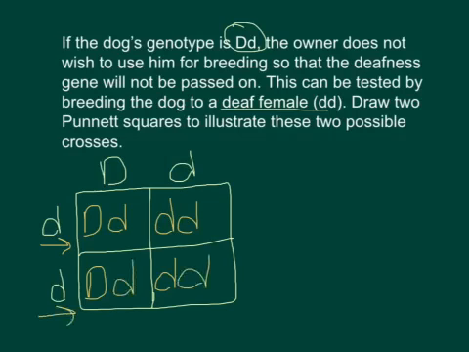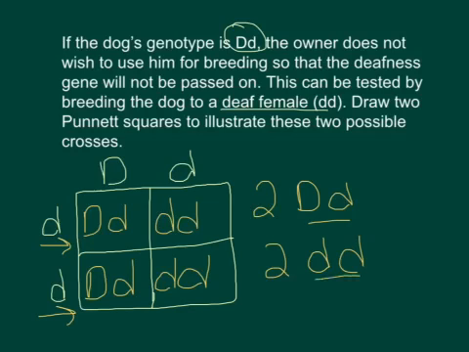So this is a heterozygous dominant male crossed with a homozygous recessive female. And we get, as a result, 2 heterozygous dominant and 2 homozygous recessive. These two dogs are going to be able to hear, these two dogs are going to be deaf.